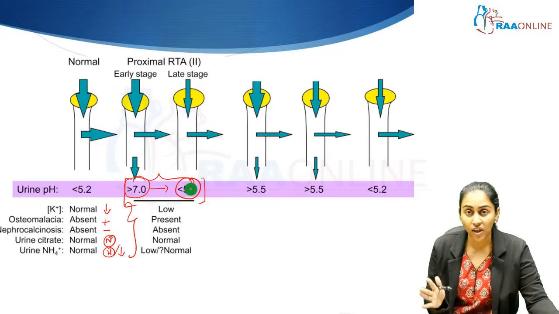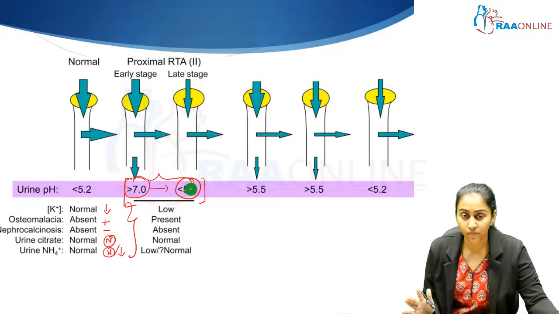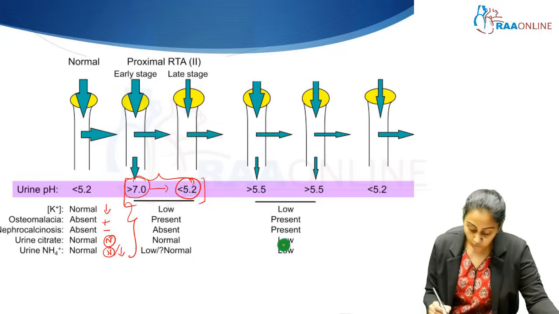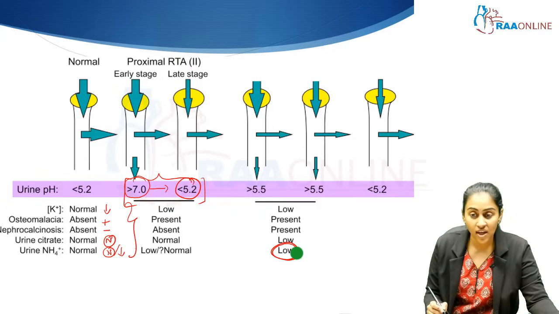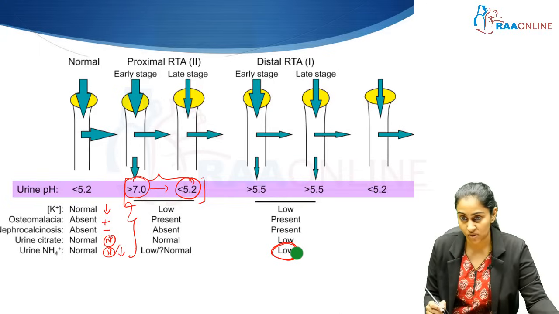There is a defect in urine acidification. So the urine is never acidic. It is always less acidic and more alkaline. Potassium is low. Osteomalacia here again is going to be present, but nephrocalcinosis is present, hypocitraturia is present, urine ammonium is low. So there is an acid secretion defect. Here we are talking about distal renal tubular acidosis.